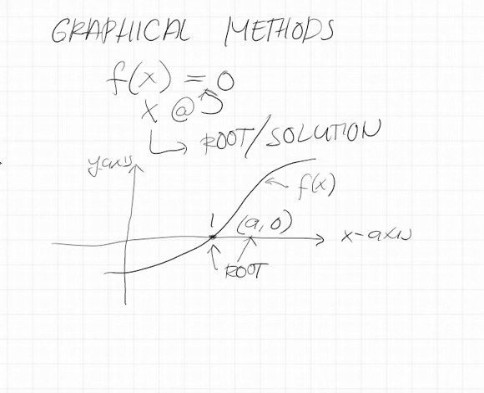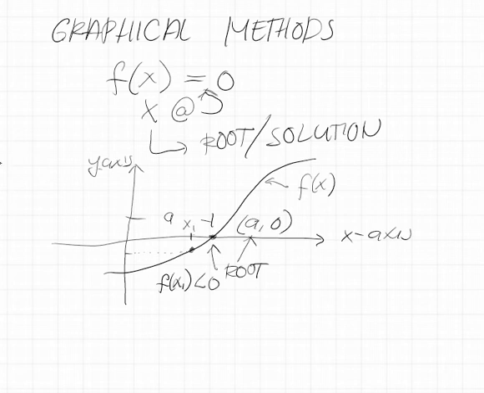If our x is less than a, somewhere here, let's call it x1, what will be the value of f of x1? If we project to the y-axis, it is in the downward direction, meaning it's under the x-axis. So that value should be negative, less than 0.